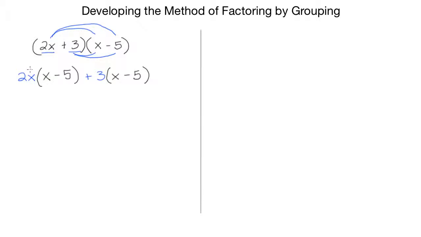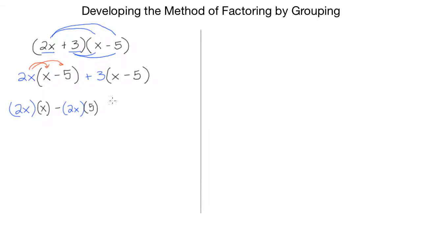So the 2x, I'm going to multiply it into both terms here. And so we have 2x times the x, minus, and then 2x times the 5.